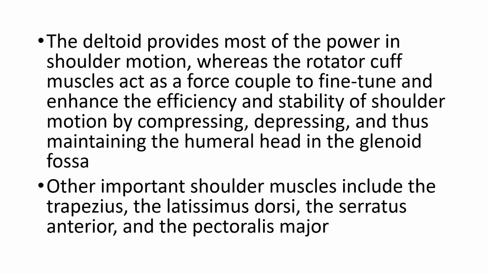The deltoid provides most of the power in the shoulder motion, whereas the rotator cuff muscles act as a force couple to fine-tune and enhance the efficiency and stability of shoulder motion by compressing, depressing, and thus maintaining the humeral head in the glenoid fossa.